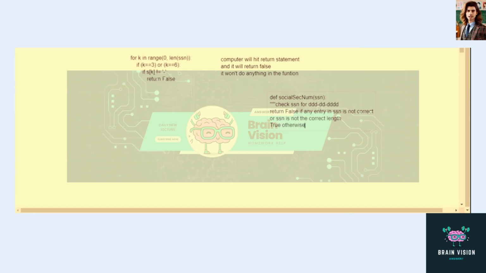So I'm writing this function, the social security number checker, checking each of the conditions. If it satisfies each of the conditions, then I'm returning true, and false otherwise.